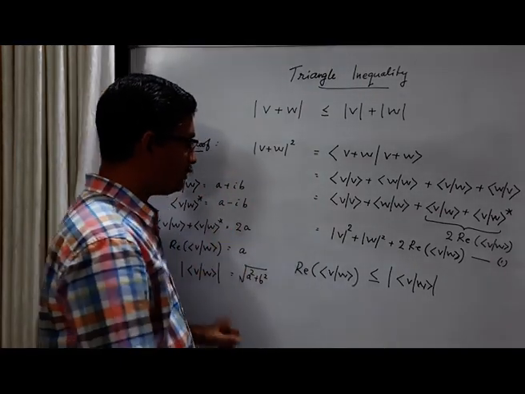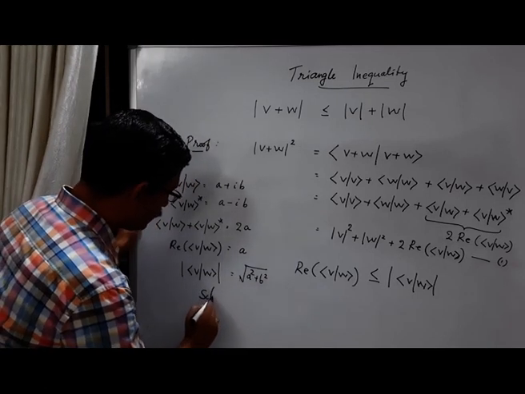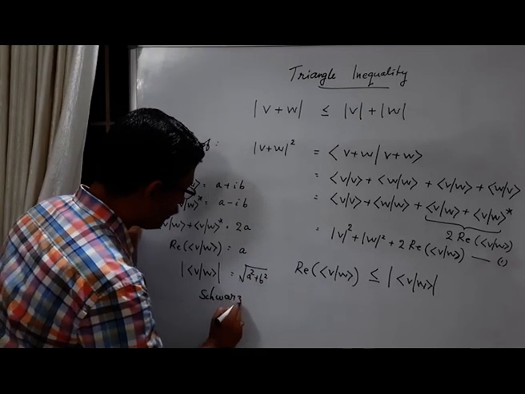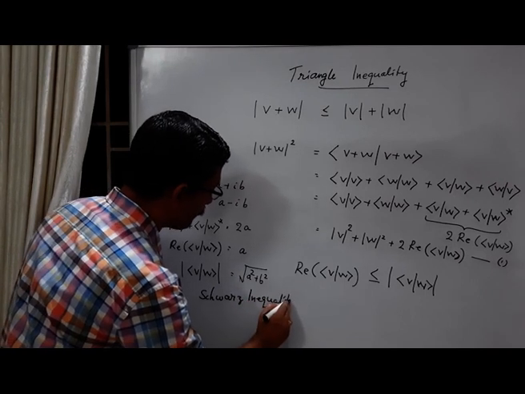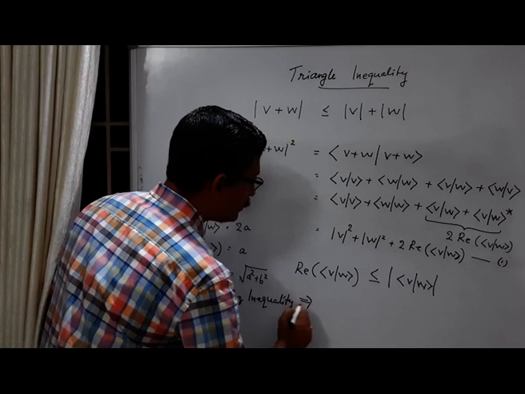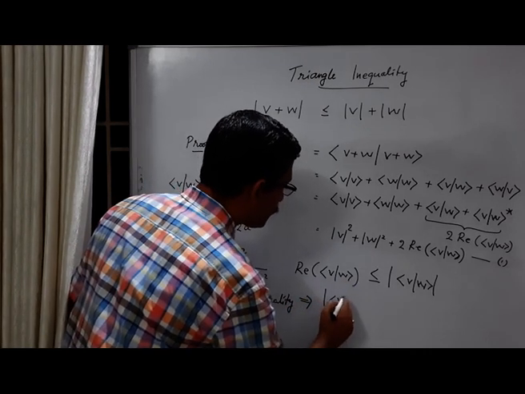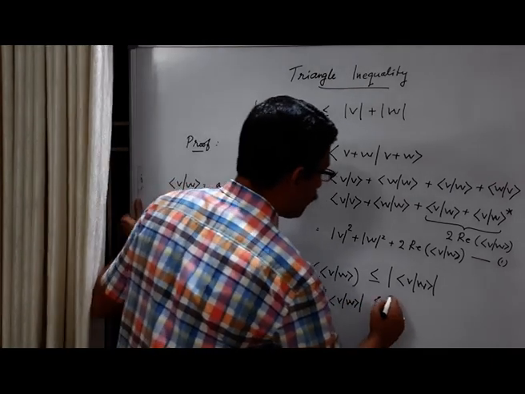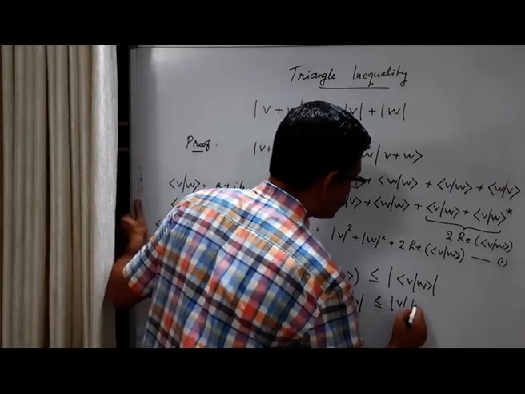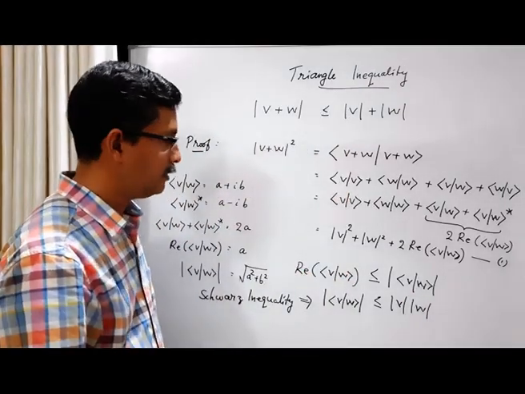And another thing, according to the Schwarz inequality, that we have proved now, the modulus of the inner product of v with w is less than or equal to the product of the norms of the two vectors.